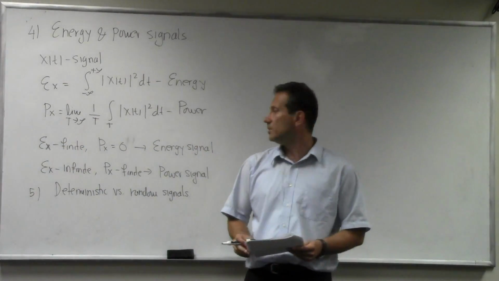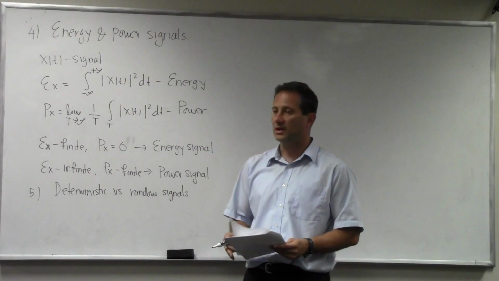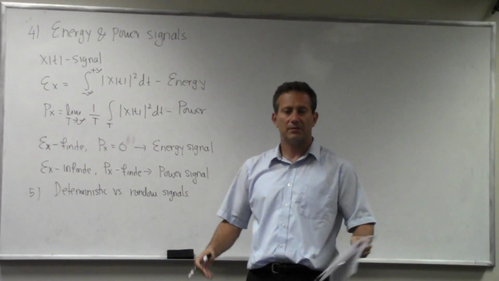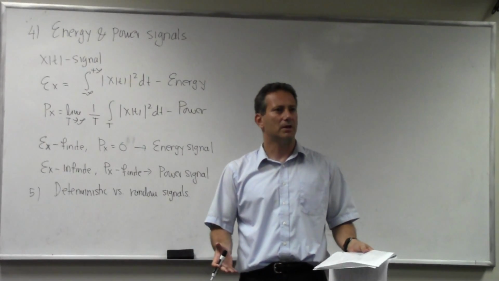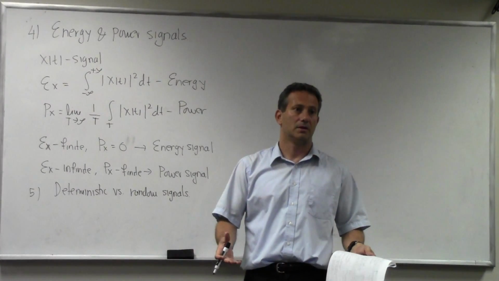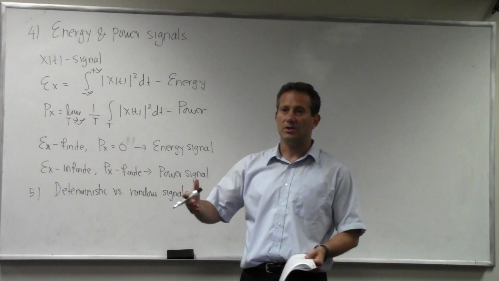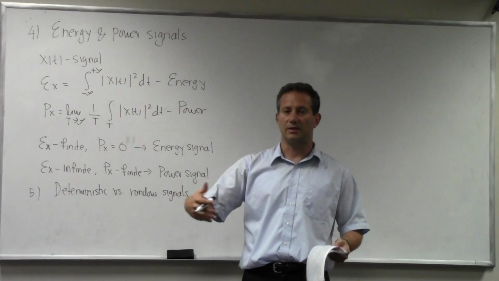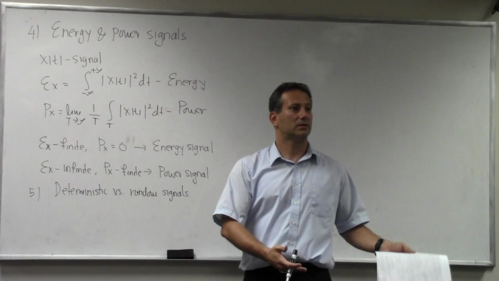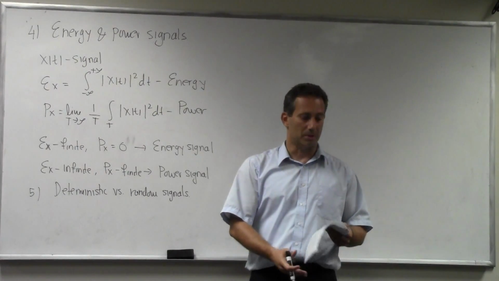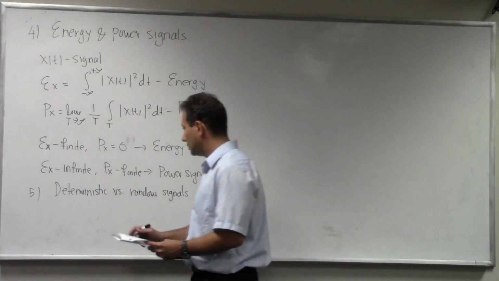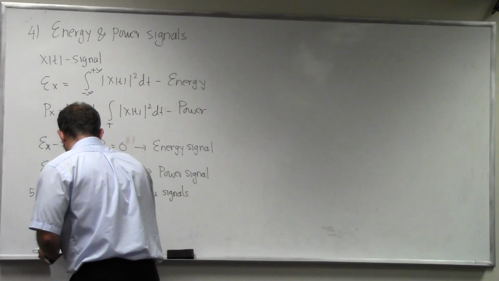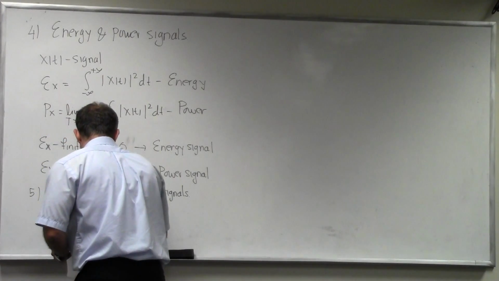We have no ambiguity what they are going to be at any given point in time. They can be specified in different ways. The most basic way is to give a formula. So if I say x of t is cosine omega 0 t, then this is a deterministic signal. Give me a t, I'll tell you what x of t is going to be. So deterministic, fully specified.